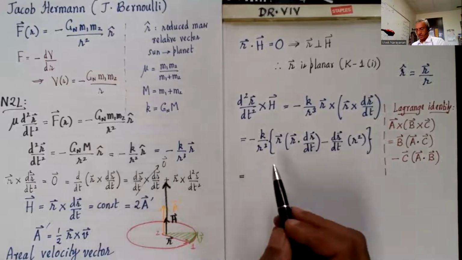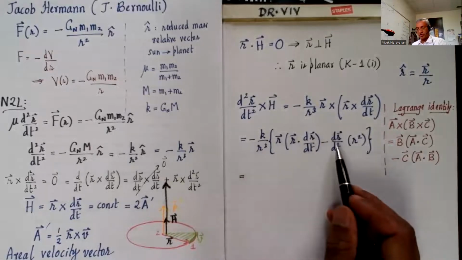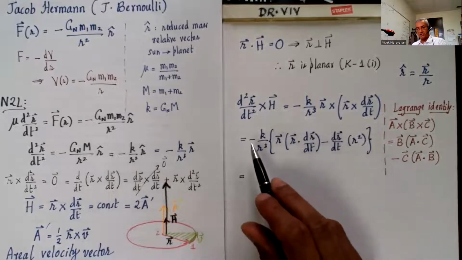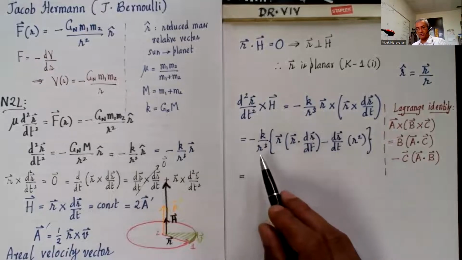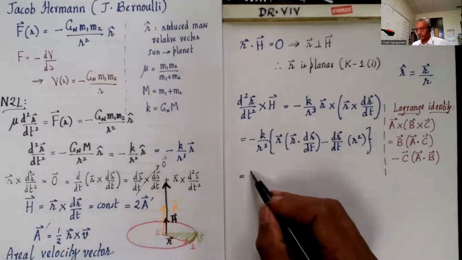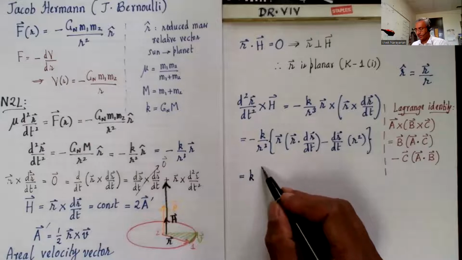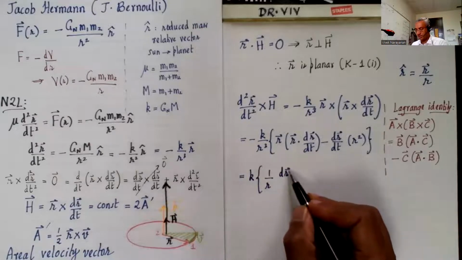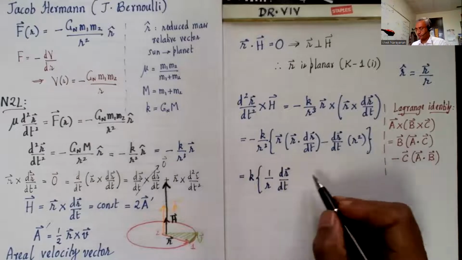Now what I will do is I'll pull negative k over r cubed inside. If I do that, the second term will lose its minus sign because two negatives make a positive. There's an r cubed and an r squared, so I get 1 over r. Let me write the second term first. K I will leave outside. So I get 1 over r times dr by dt from the second term. What happens to the first term?